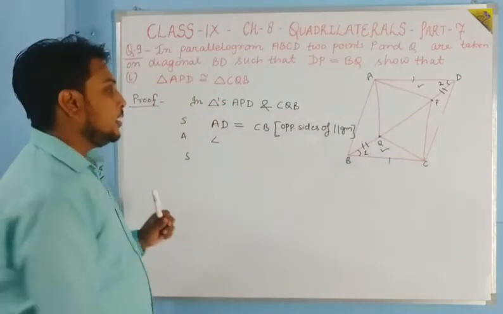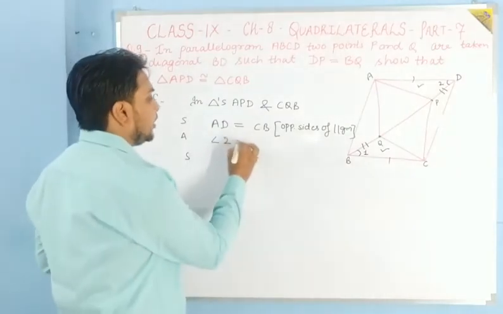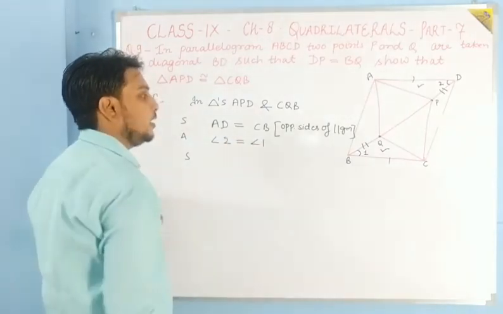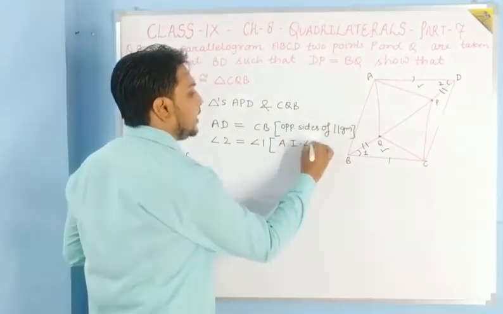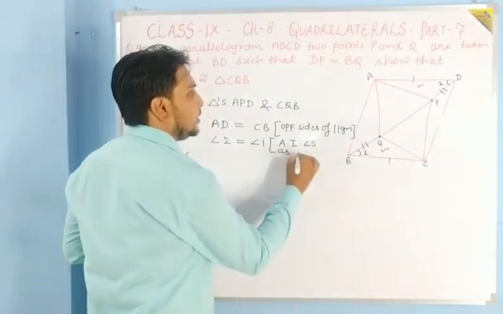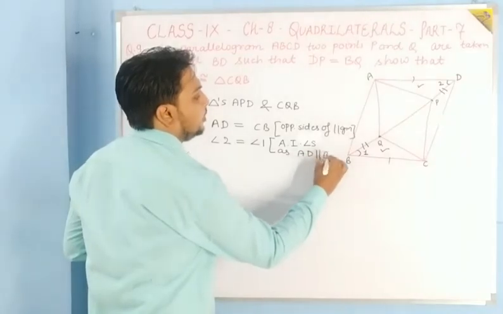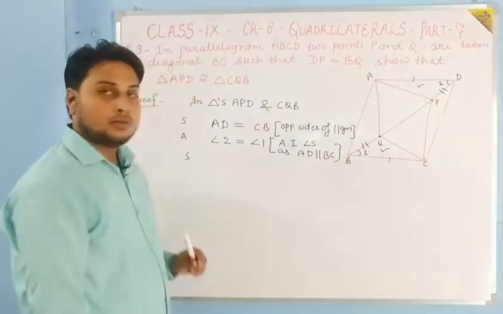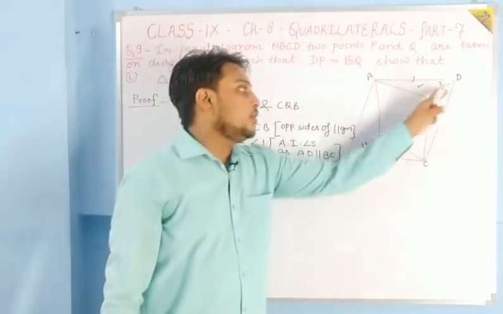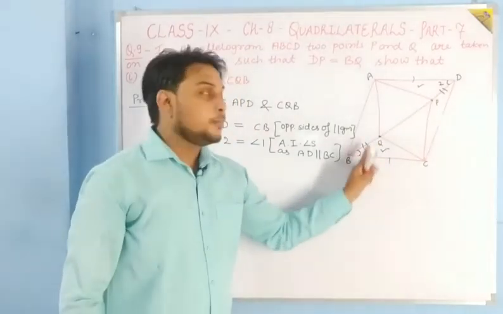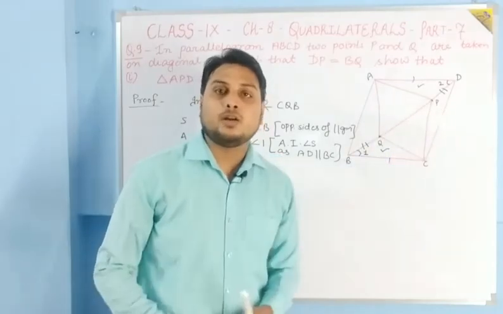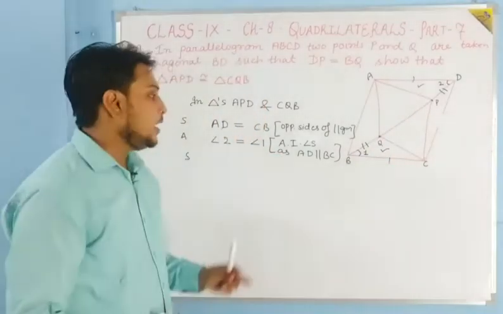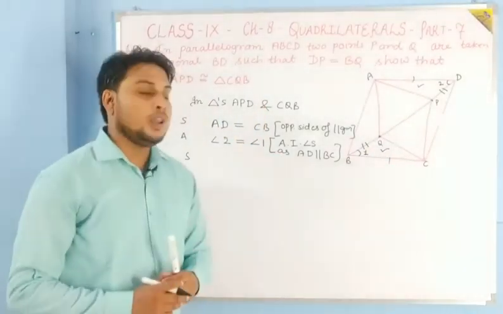So here we will write that angle 2 is equal to angle 1, alternate interior angles, as side AD is parallel to the side BC. The reason is that the sides are parallel to each other and they are alternate pair of angles. That is why angle 2 is equal to angle 1.